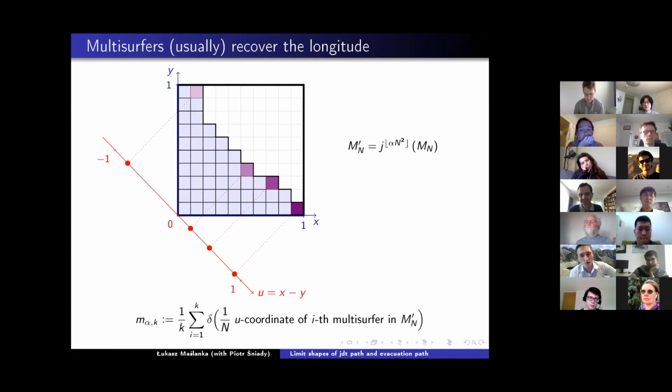We should also notice that the cumulative distribution function of this random measure is the empirical distribution of multi-surfers. So now we are going to calculate the moments of this measure.